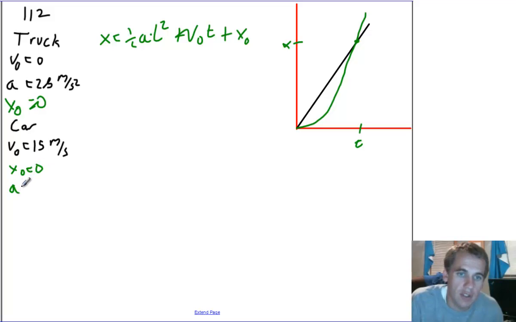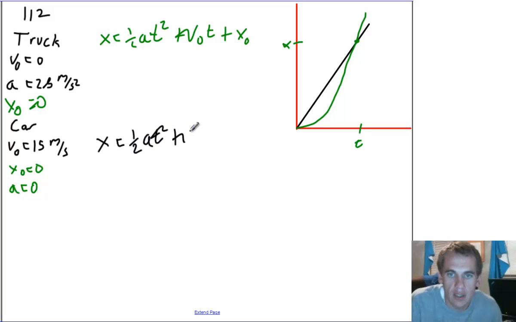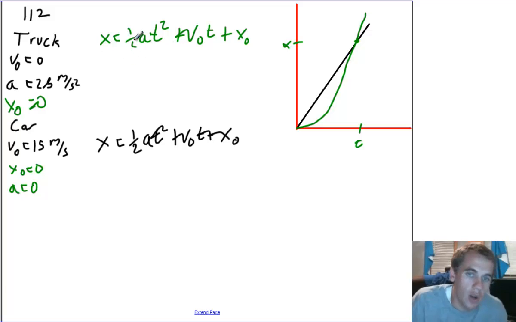It says it's moving constant, so its acceleration is also 0. And so let's get this other equation. The car, its position at any point in time, is given by 1/2 at squared plus v naught t plus x naught. Let's sub in all the information we know.